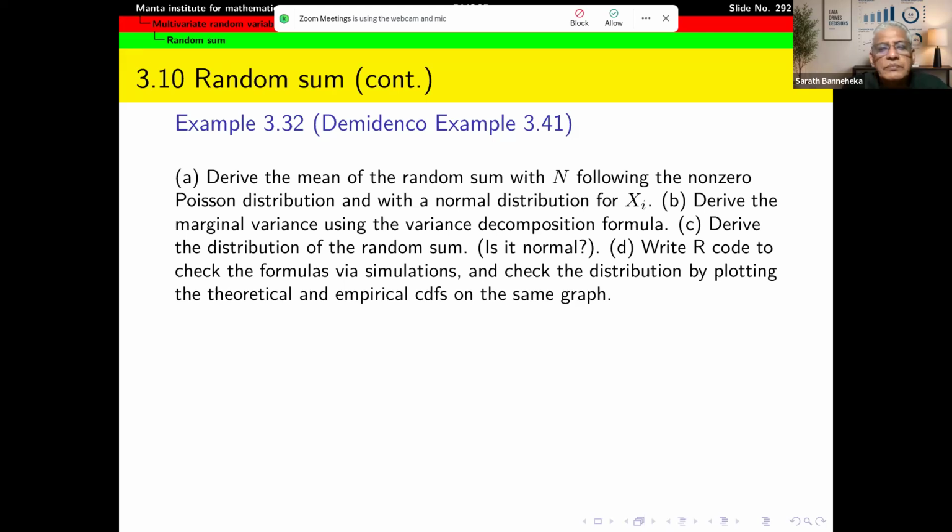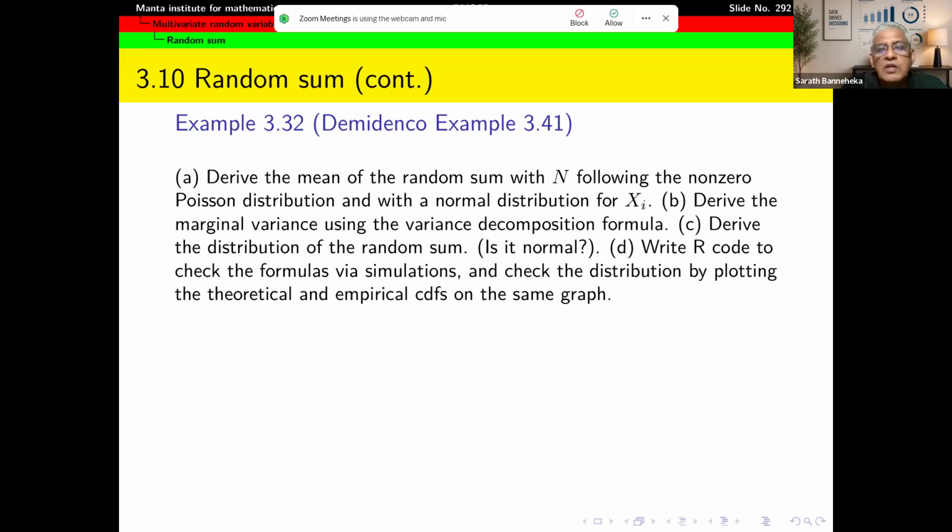And then for the xi's, we are going to assume normal distributions. Each xi has a normal distribution. Derive the marginal variance using the variance decomposition formula. Derive the distribution of the random sum.